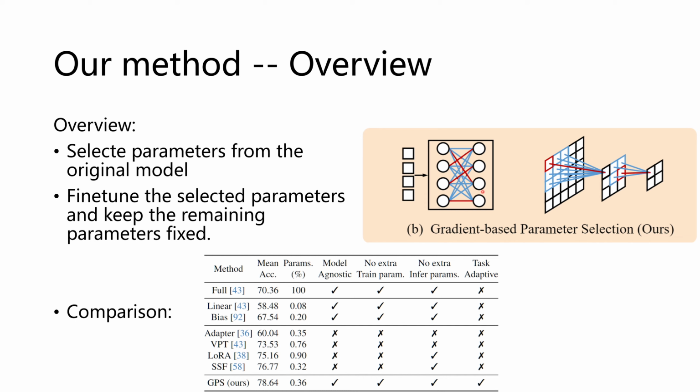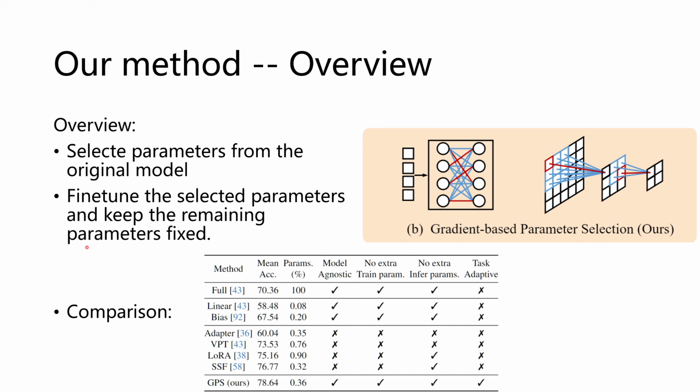In order to address the above limitations, we propose a novel method. This is the overview of our method. First we select parameters from the original model, and then we just fine-tune these selected parameters and keep the remaining parameters fixed.